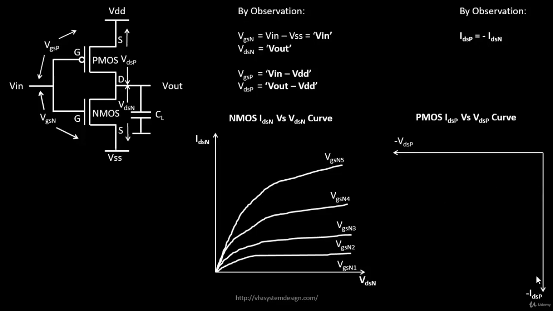You have your IDSP as negative because it's the inverted form of your IDSN, and there are reasons, the flow of the electrons and the potentials that you apply for the PMOS. That's the reason you see a negative IDS. In general, current values can't be negative; it's just because of the direction of the current flow. Okay, so negative IDSP is in perspective of the drain current of NMOS.